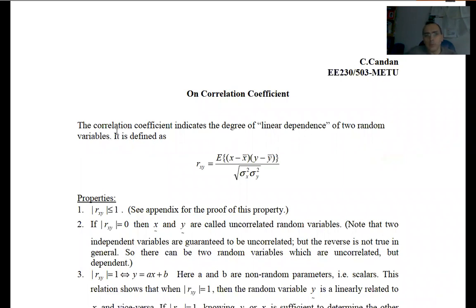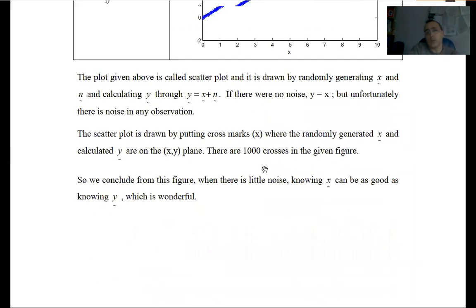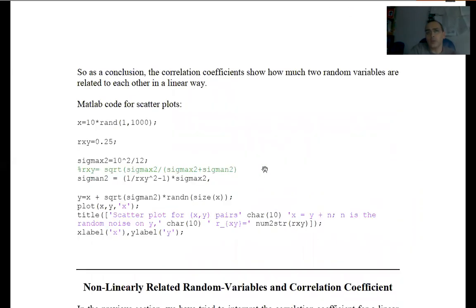Maybe you will remember the correlation coefficient indicates the degree of linear dependence. This is what I mean by linear dependence of two random variables. If there is a nonlinear relation between two random variables, unfortunately the correlation coefficient or covariance does not tell us useful information in some cases.